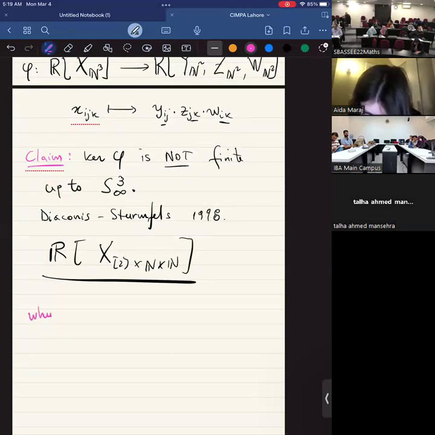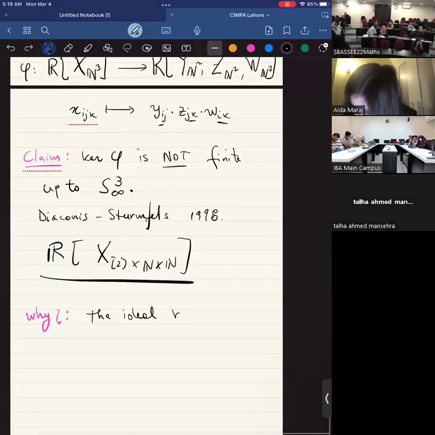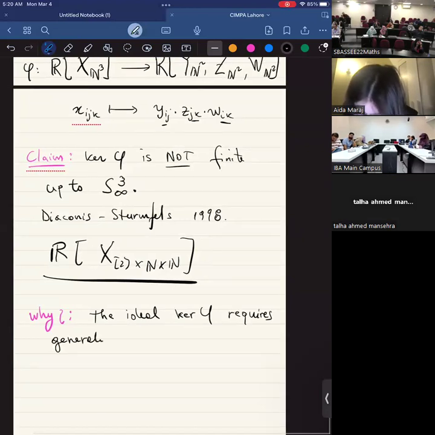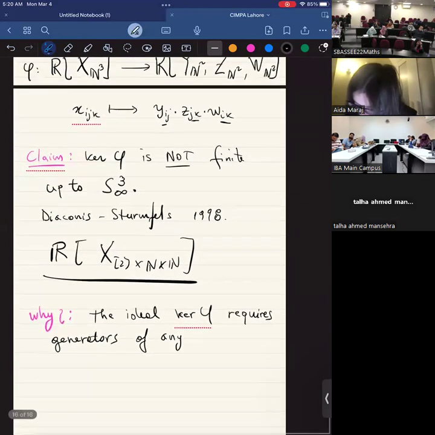So y, the ideal kernel of phi requires generators of any degree.